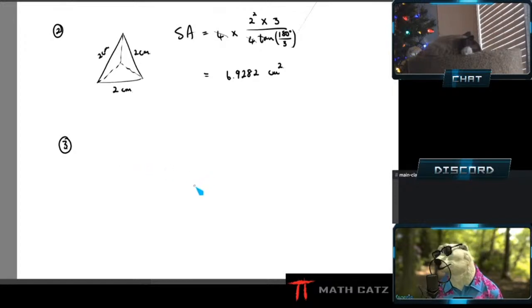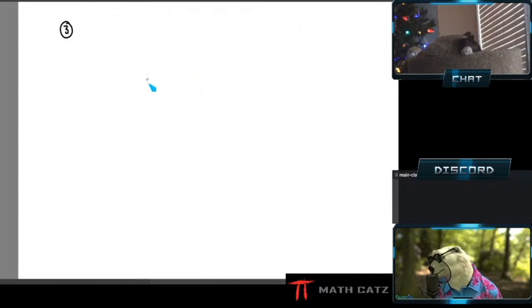Number 3, octahedron with side length 1. Let's call it centimeters, 1 centimeter. Octahedron is my favorite to draw, I think. I have a little flat square as a cross section, angled, but I'm going to go with it.